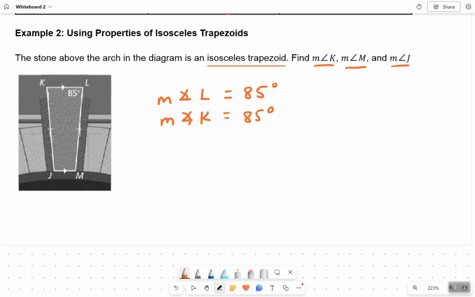Okay, what's going to be true about angle J down here and angle M? They're going to have to be the same, okay? Well, L and K are 85, aren't they? Kids, how in the world am I going to find the measure of angle J and the measure of angle M then? So you're saying 85 and 85, that's 170, and subtract it from 360, right?